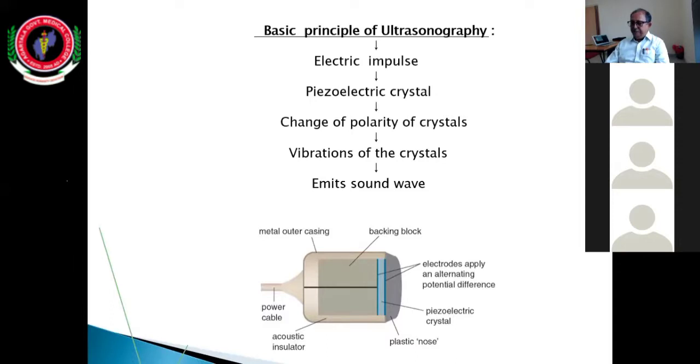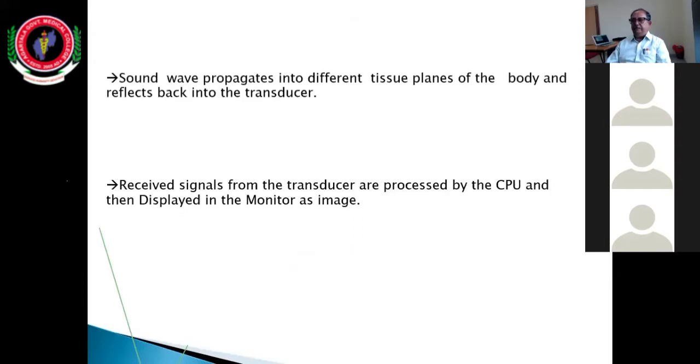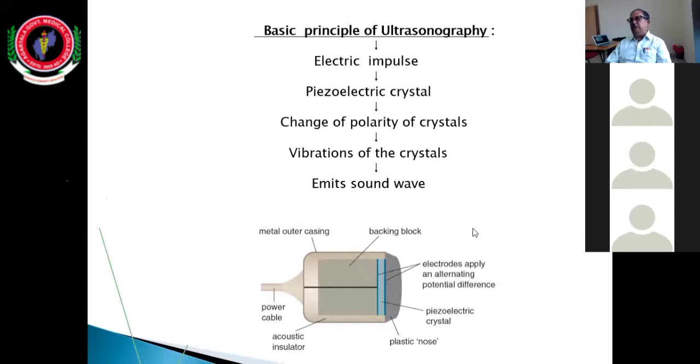This sound wave propagates into the different tissue planes of the body, and it reflects back into the transducer. The received signals from the transducer are processed by the CPU and displayed on the monitor as 2D images. This is the most common basic principle of ultrasonography.